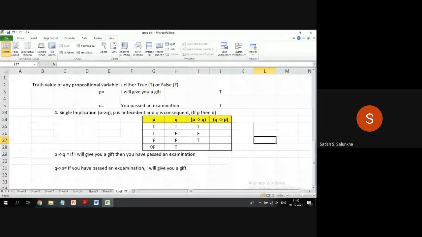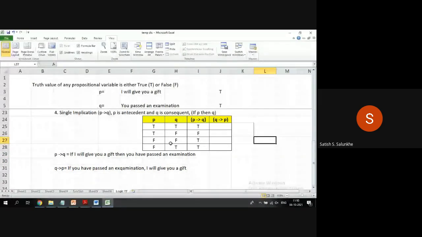If I am not giving you a gift and you have passed an examination, or if I am giving you a gift and you have passed an examination, this is also true. Why?